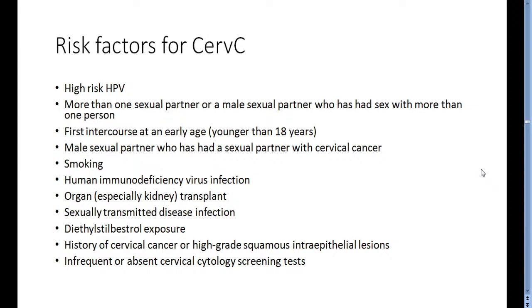This drug is not used widely now in our countries, but in the United States, some patients used DES for treatment of infertility. But it's not common now.